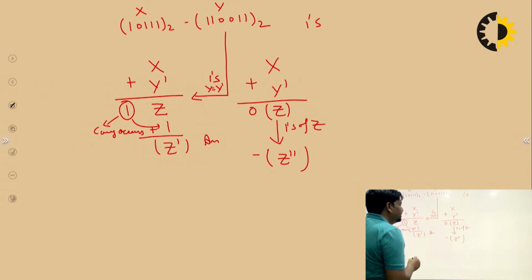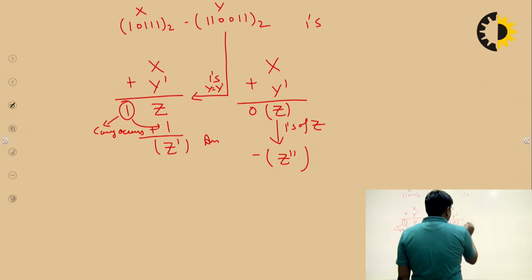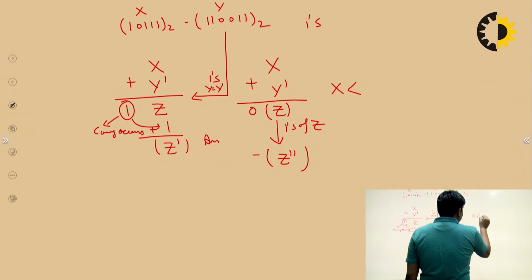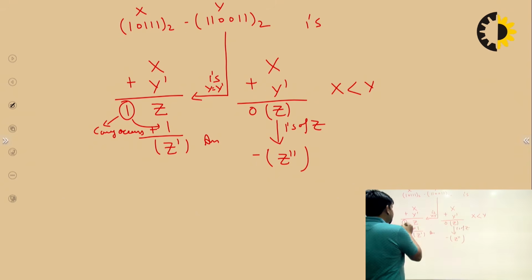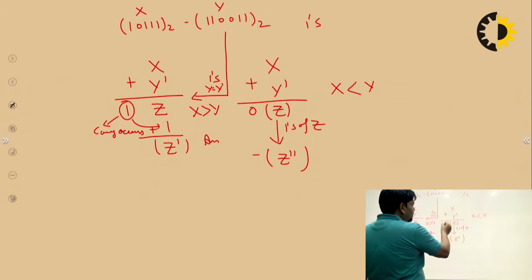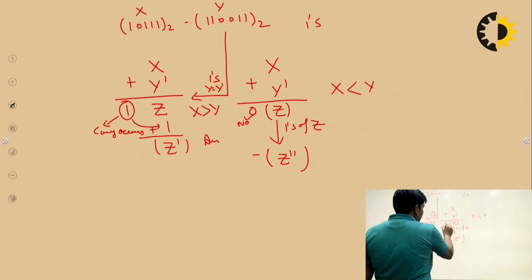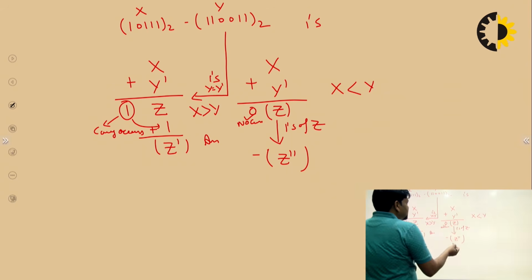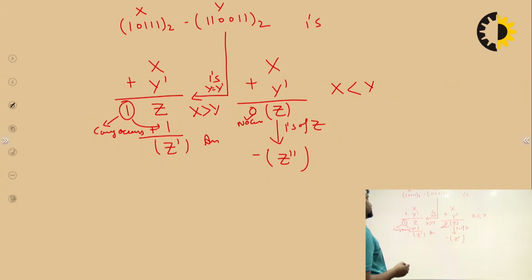So if no carry occurs, that means the value of x is less than y. If carry occurs, x is greater than y. So if no carry occurs, this is a negative number. If carry occurs, this is a positive number.